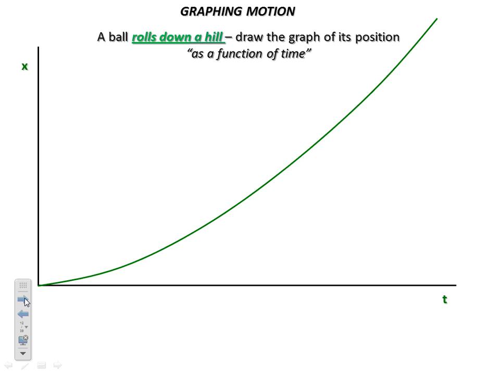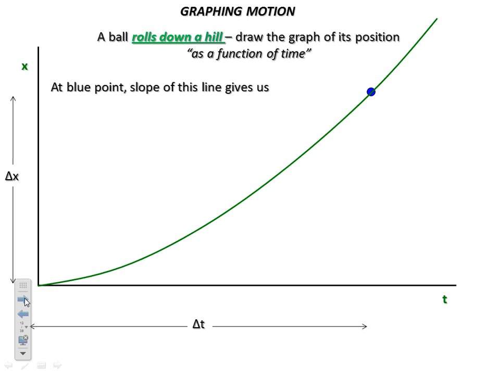Now, how do we know this is what that graph looks like? Well, let's talk about that. Let's look at an instant in time where this ball has changed its position by something we call delta x. It's taken some time interval, delta t. Well, what we can look at so far is this line. We've talked about the slope of lines on position and time graphs.